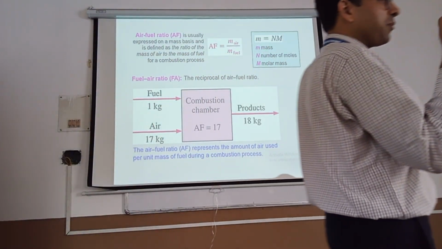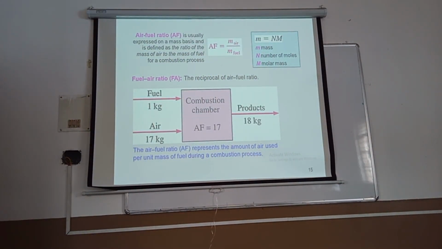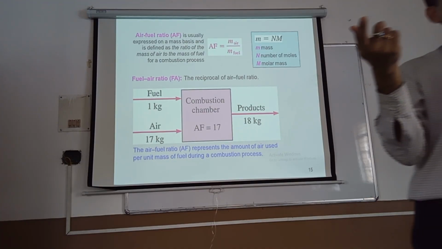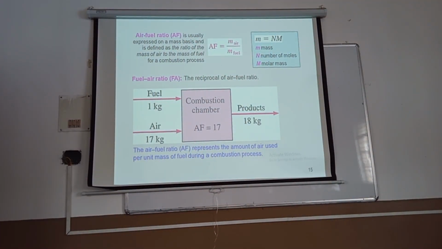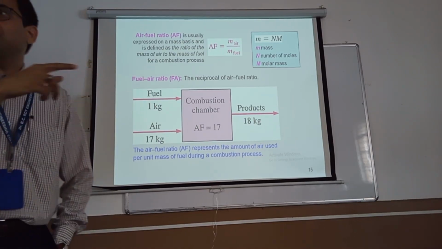I changed it from x to 1.1x, and immediately the equivalence ratio changed to 1 by 1.1. So that means 1.1 was basically moles, that is volume, right? But it directly came in the mass.